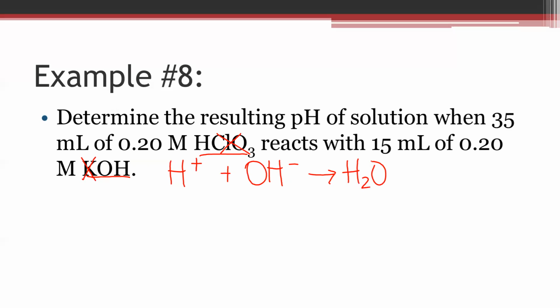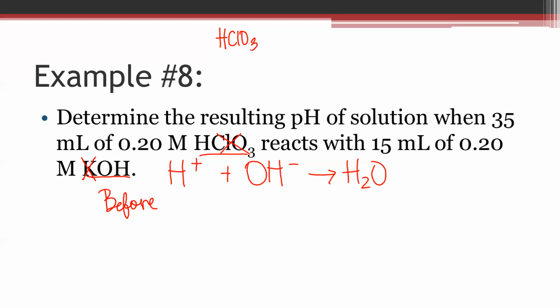Okay, but when we plug in for the before, we have to take into account the diluted parts of the reaction. So the molarities are slightly different than 0.2 and 0.2. Okay, so to find the acid molarity, we are going to do that M1V1 equals M2V2 thing.